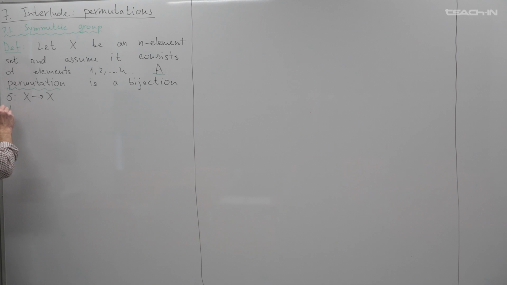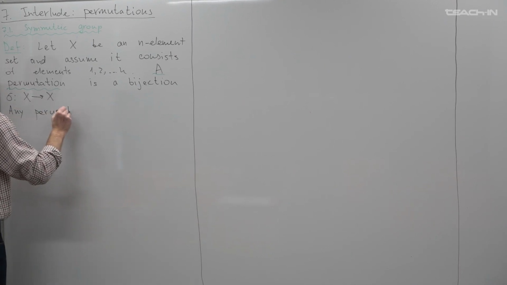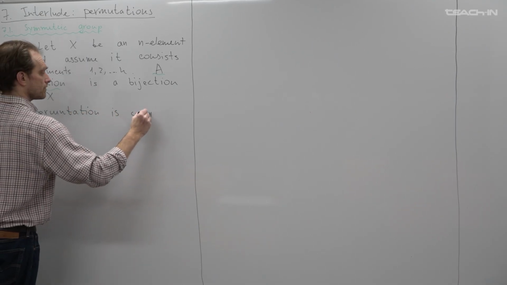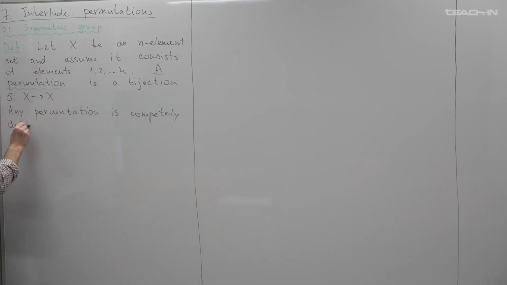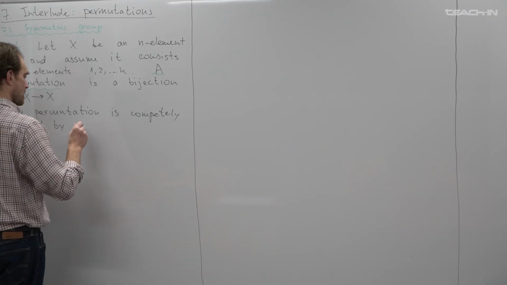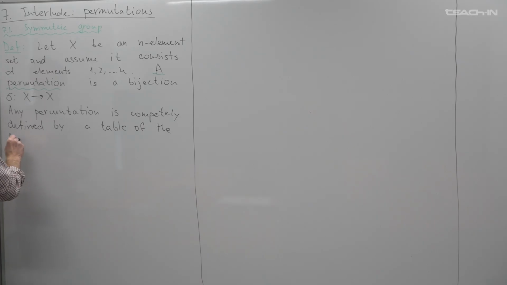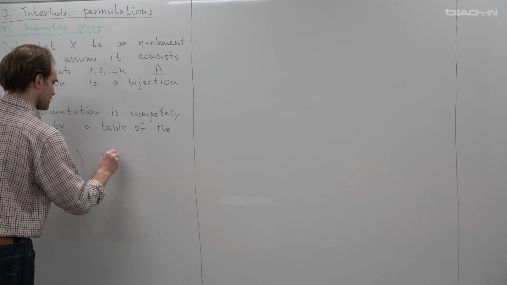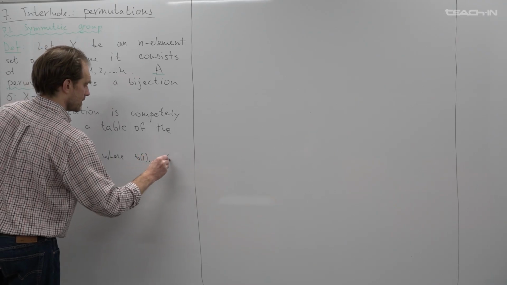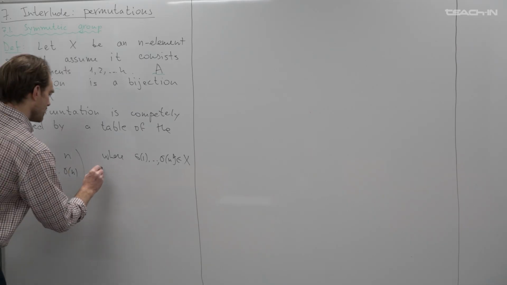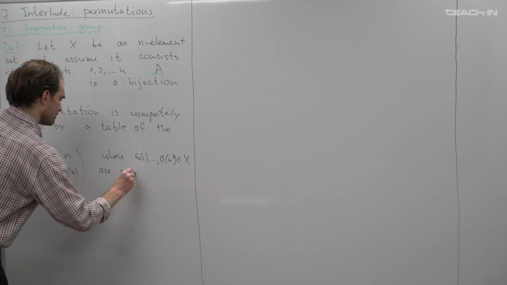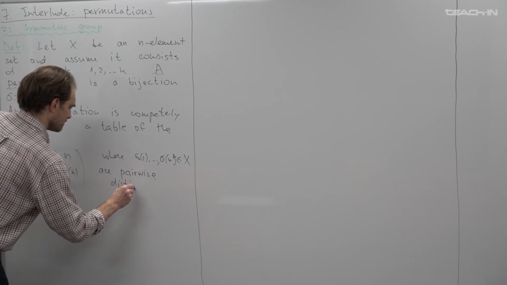So any permutation is completely defined by a table of the form: here we write elements 1, 2, etc. n, and in the second line we write the images, so sigma of 1, sigma of 2, etc., sigma of n, where sigma of 1, etc., sigma of n belong to this set X and are pairwise distinct elements.